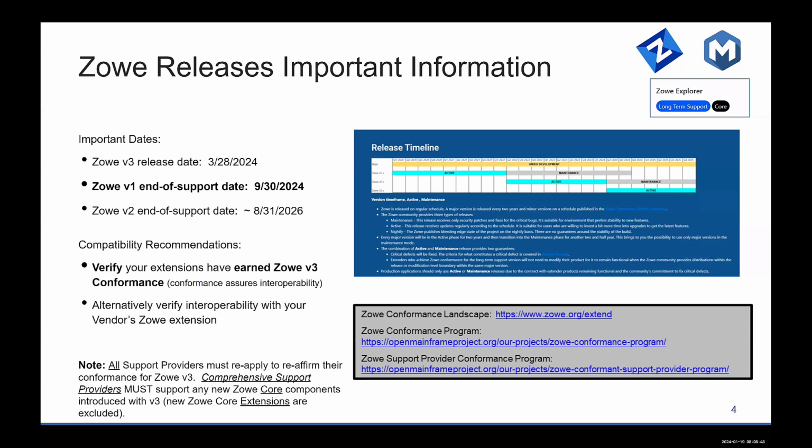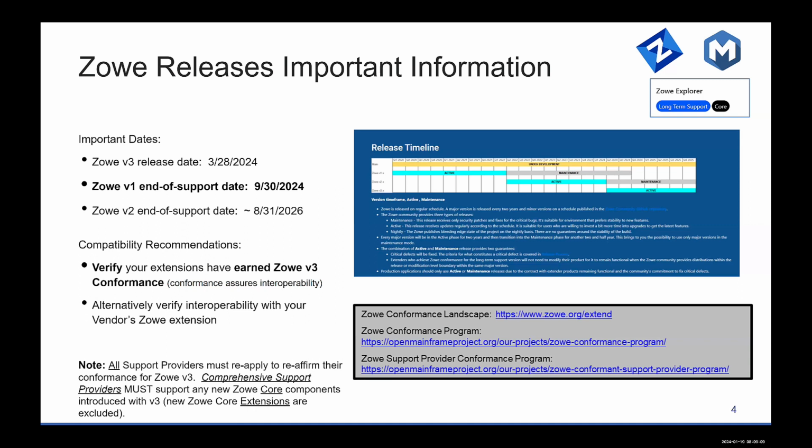That runway is getting shorter and shorter, and we want to encourage all of you to ensure that you have plans to upgrade to V2 as soon as possible. You could also plan to go straight to V3. If you need help in making that decision, please feel free to reach out to any of us. We can certainly have a conversation around that.